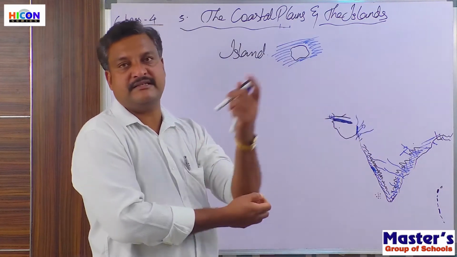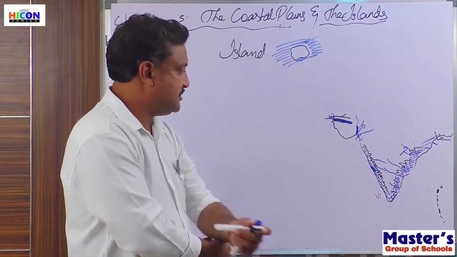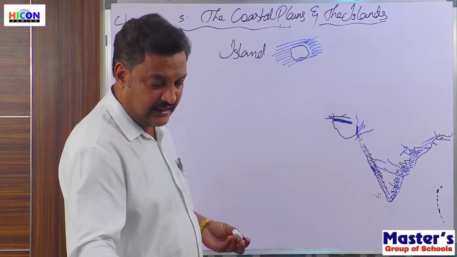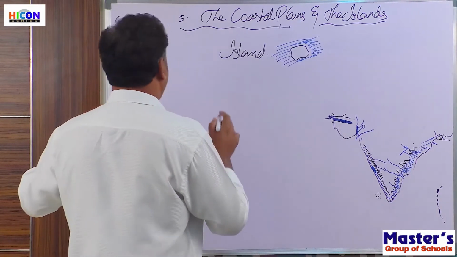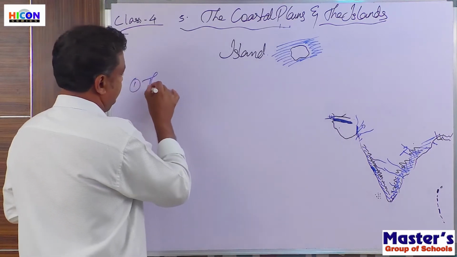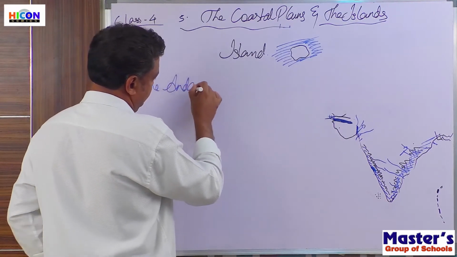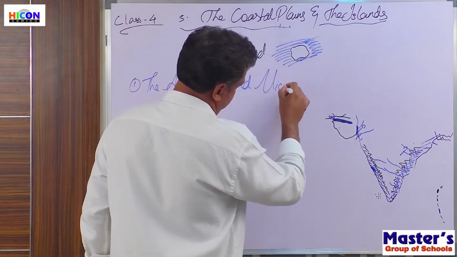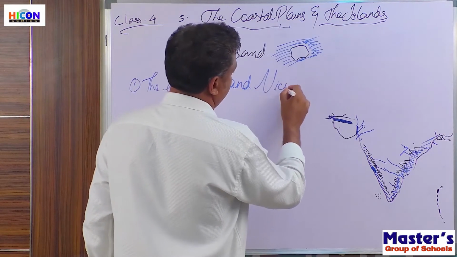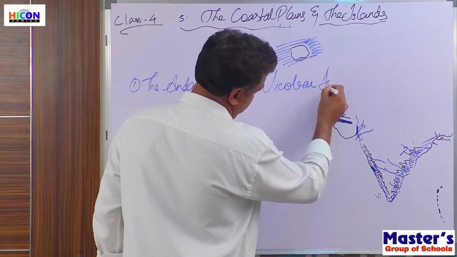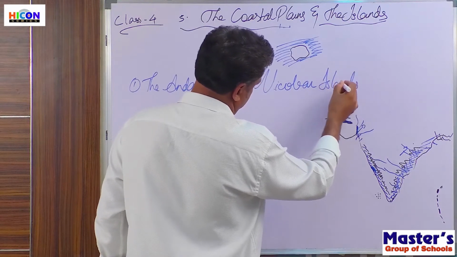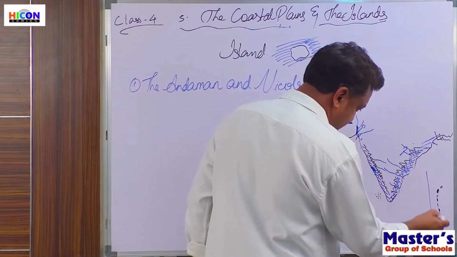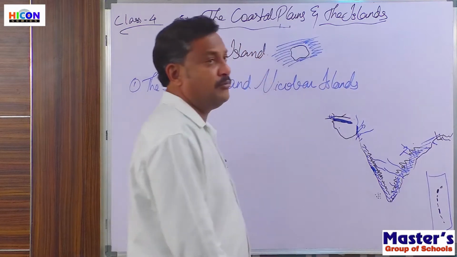So the first one is in the Bay of Bengal region of India, and that is known as the Andaman and the Nicobar Islands. This is the Andaman and the Nicobar Islands.